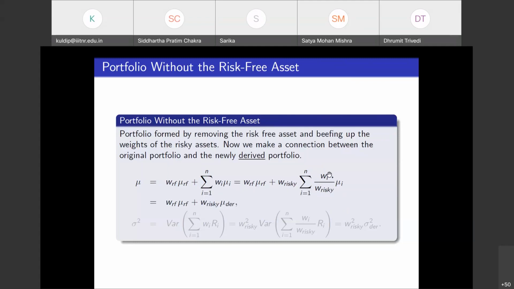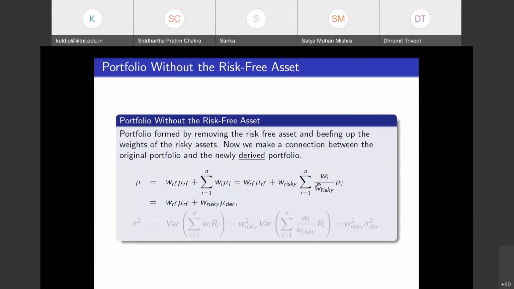So if I take WI over W risky, this becomes a new weight, say WI prime, and the sum of those WI primes is going to be equal to 1.